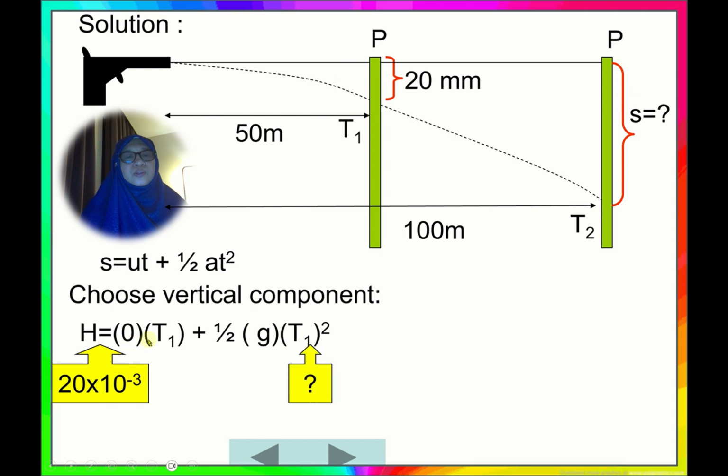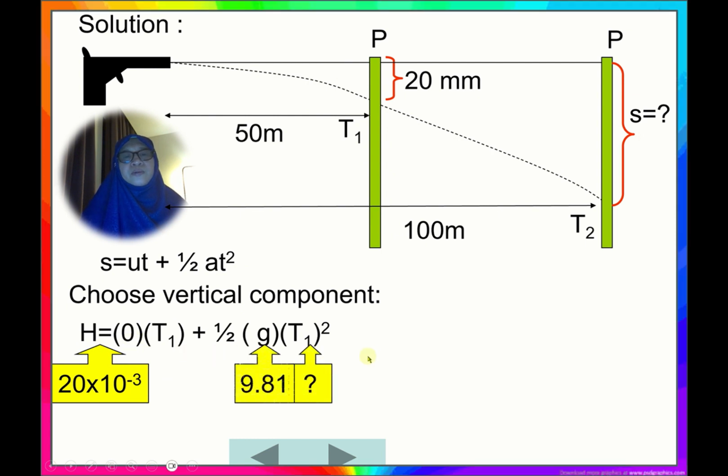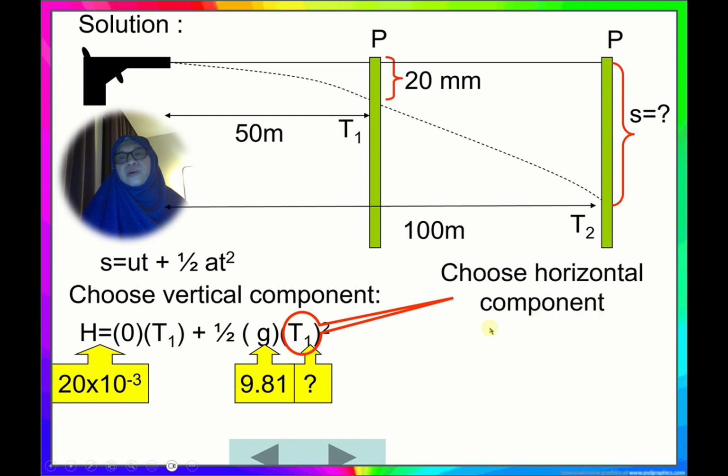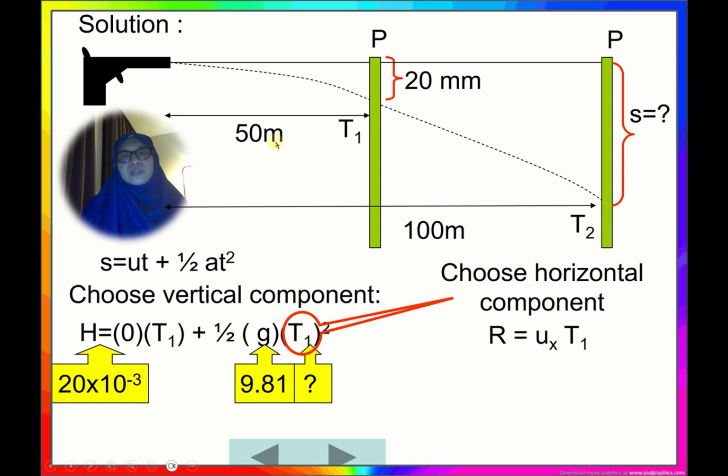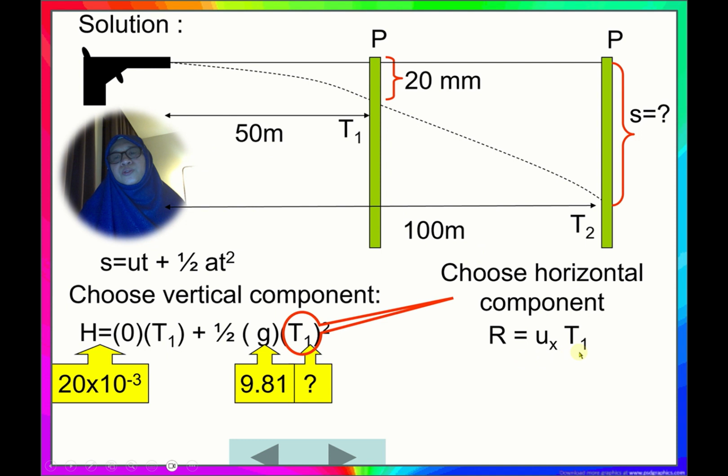Okay, so you substitute this value, but T1 you don't know. The G is 9.81. So for T1 you can use 50 meter here, the horizontal component. Okay, you can use this method. So R equals to UX times T1, horizontal component.